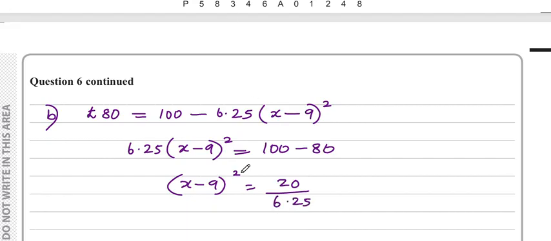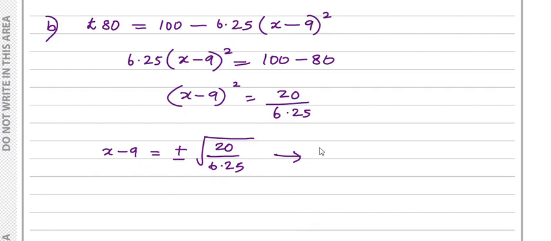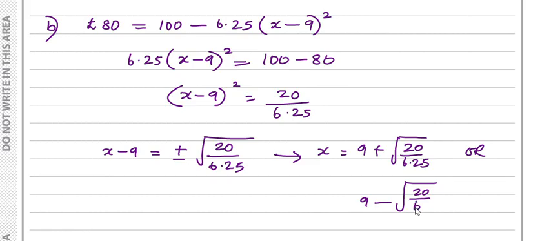Next, taking the square root on both sides, we should be writing plus or minus the square root of 20 over 6.25, which translates to x is equal to 9 plus the square root of 20 over 6.25, or 9 minus the square root of 20 over 6.25.